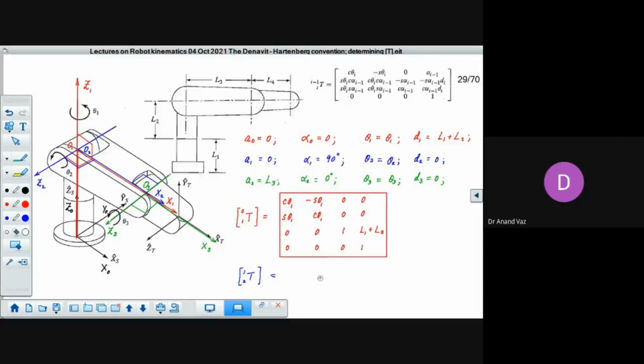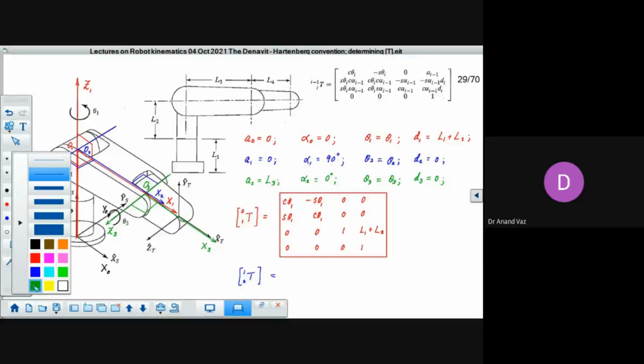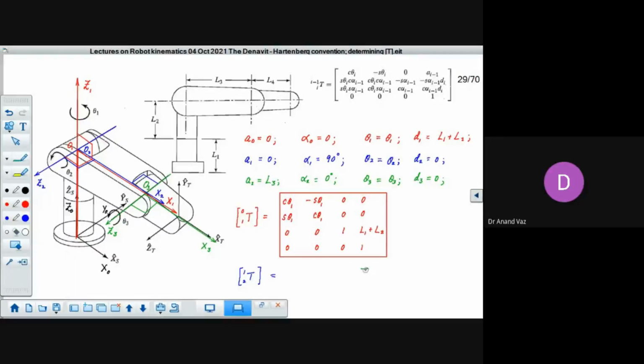So what is T2 to 1 and what is T3 to 2? T3 to 2 also we need to work out. What are the elements of these matrices? So please work them out, and this is homework for you.